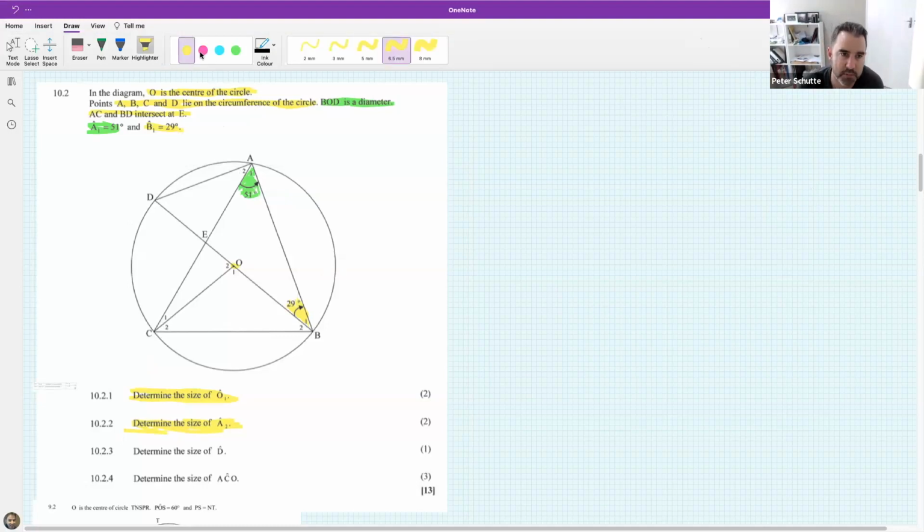What theorem should I be thinking about for O1? I guess O1 is made up from this and this, but also that and that. So what is O1 going to be? And what is the reason I'm going to use?